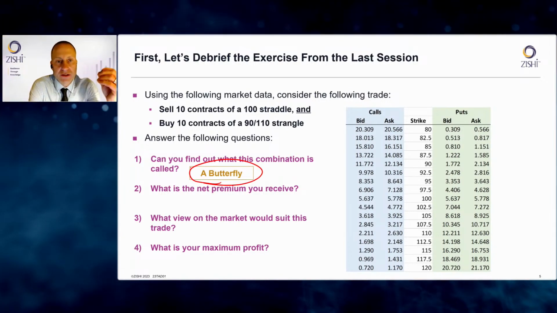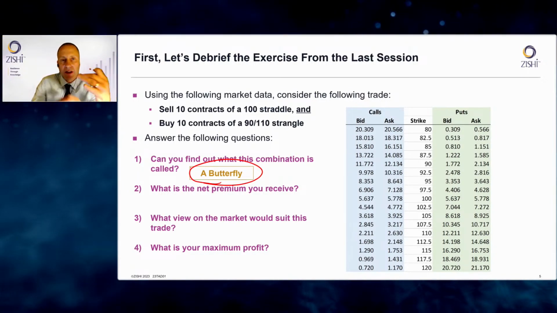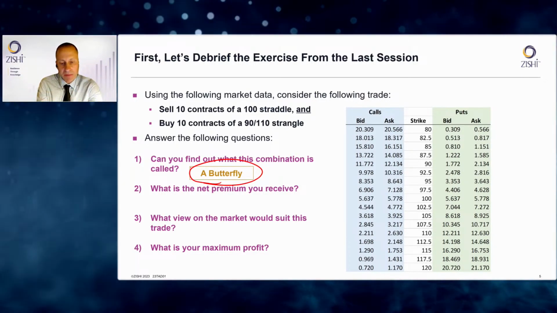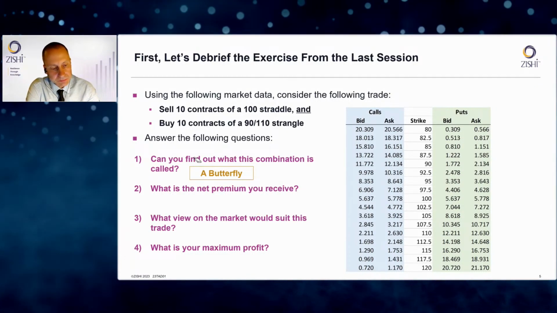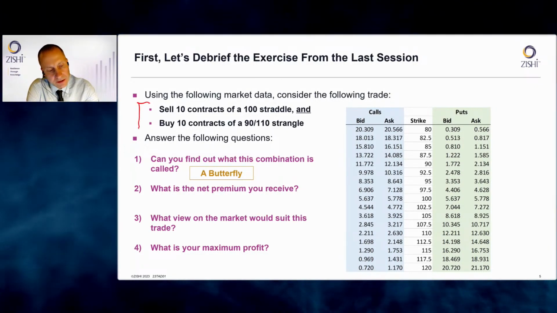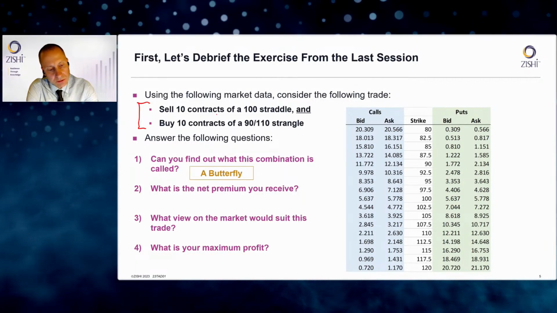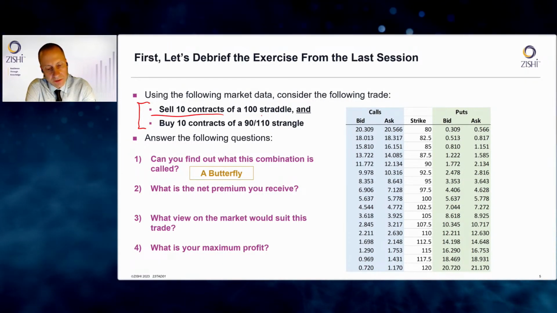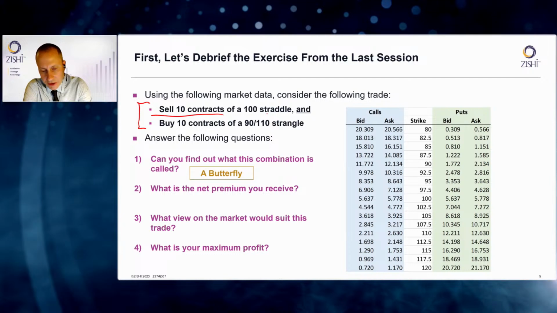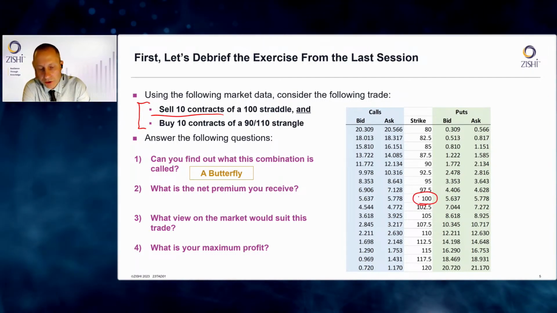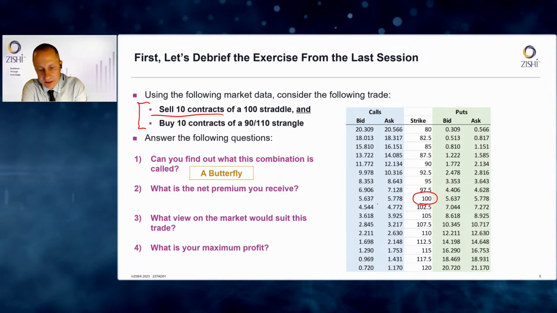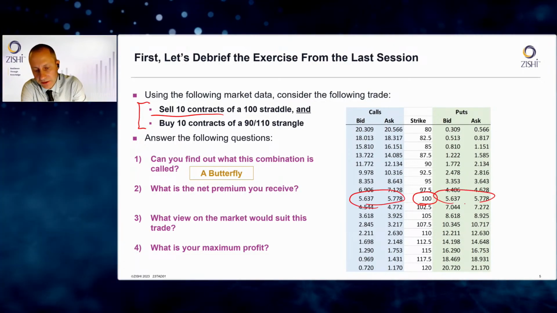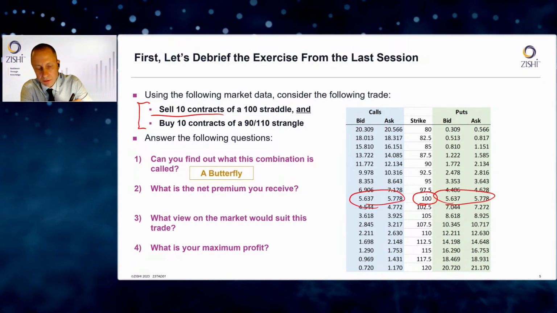So whenever you trade straddles versus strangles, buying one and selling the other, you enter into what we call a butterfly position. Okay, let's have a look at the details of our butterfly. So we have sold 10 contracts of a 100 straddle. If I just go and find the 100 point in my strike chain here, I can see that there's a bid offer price for both puts and calls.